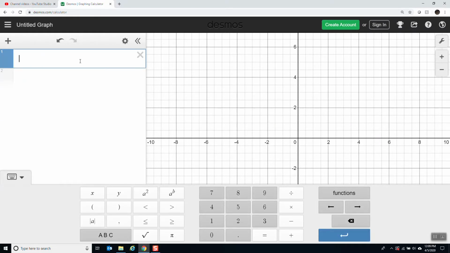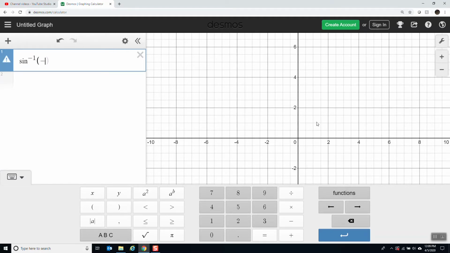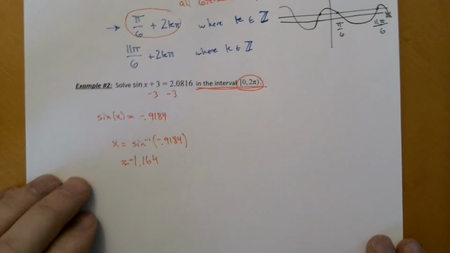In other words, because sine inverse of this is not a special unit circle value, I have to use Desmos to get this approximate value. This still counts as an analytical method. Just to make sure everyone notes that we're in radians, not degrees, it's either 66 point whatever degrees or approximately negative 1.164 radians.